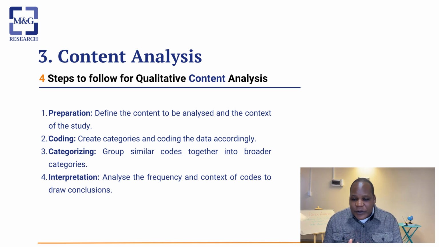And then the fourth and final aspect is the interpretation of data in content analysis. The main aspect is to analyze the frequency and the context of codes to draw conclusions. In as much as you might have a well-organized presentation which might look like thematic, the main goal here is to analyze the frequency and the consistency of certain information.